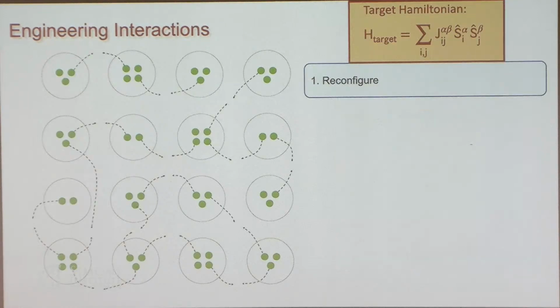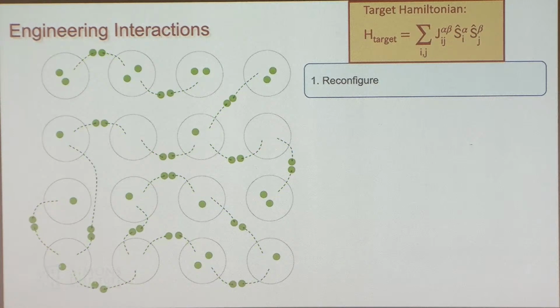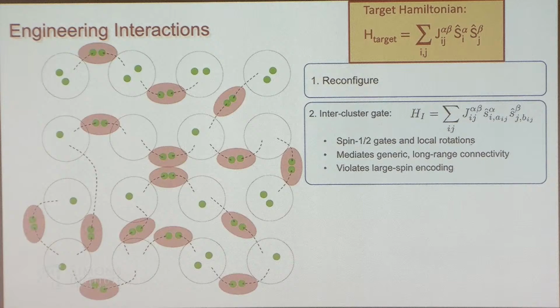And the way this works is that we start with these things in the clusters, in their spin S clusters. Then we move all of them that are supposed to interact with each other in pairs, and run exactly that Hamiltonian pulse for the pairs, which mediates long-range connectivity, because we can move them around as much as we want.